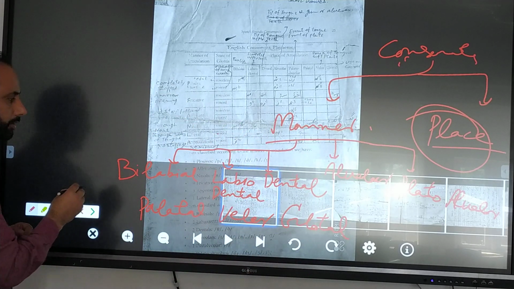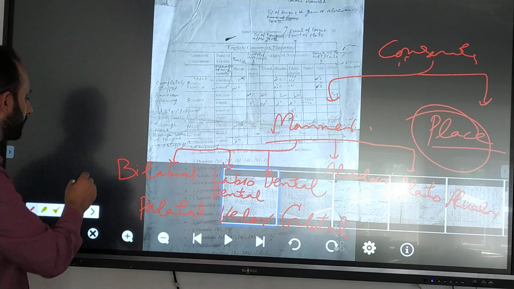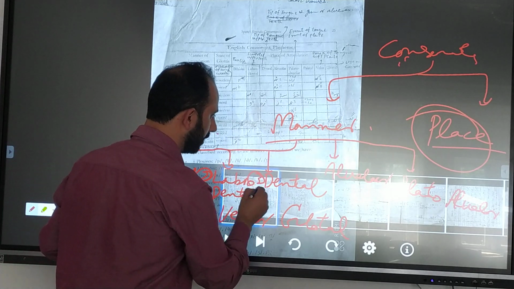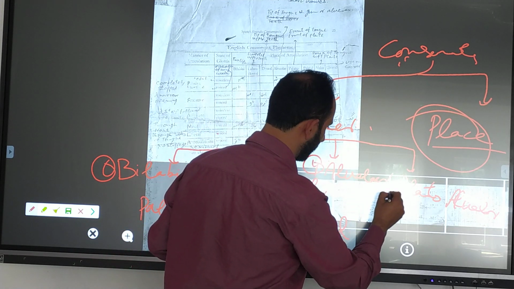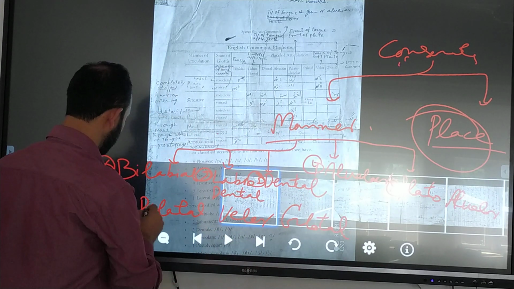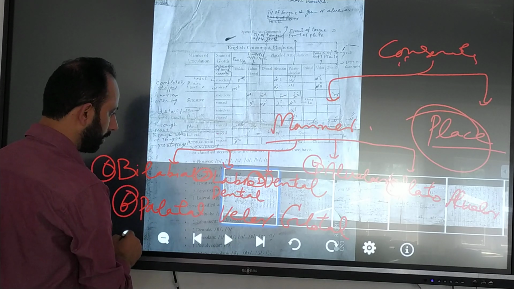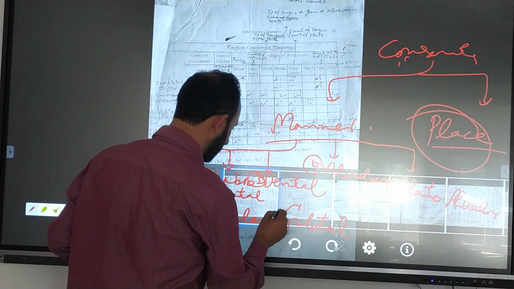These are the types of consonants on the basis of manner of articulation, that is bilabial, labiodental, dental, alveolar, palato-alveolar, and I told you that the sixth one is palatal, seventh is velar, eighth is glottal.